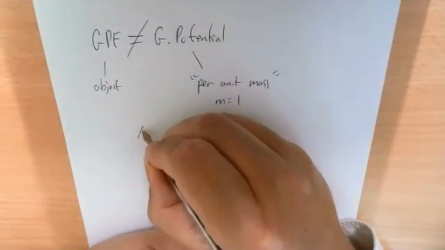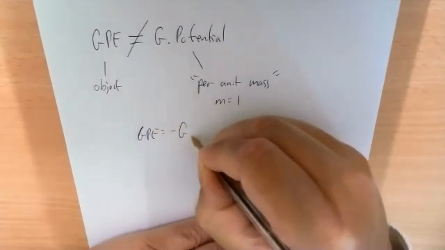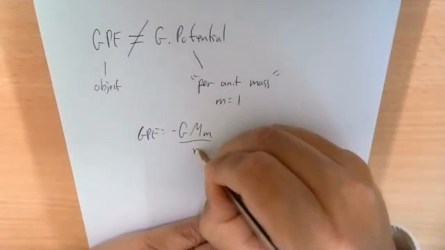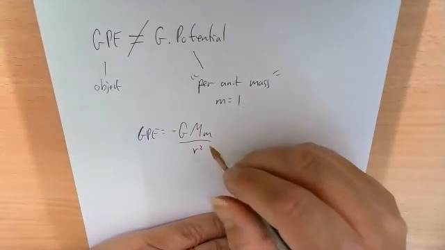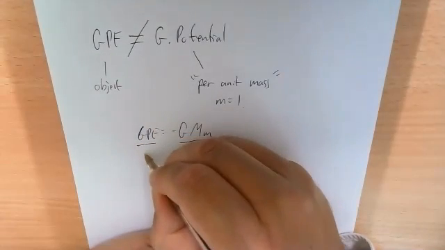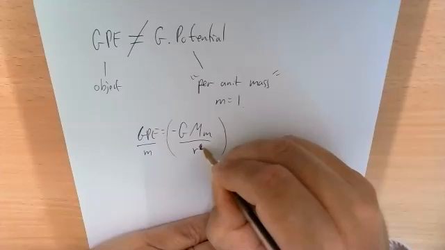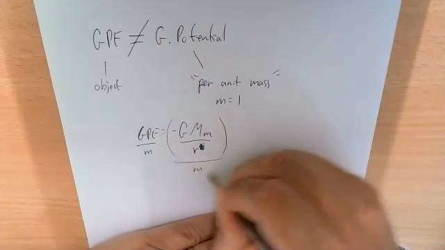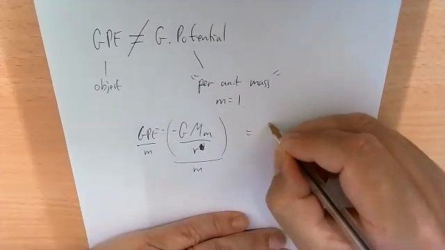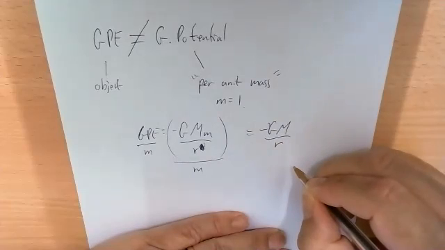So if we think about it, the gravitational potential energy, which is minus big G, big M, little m over R squared, oops, not R squared, it's R. Per unit mass, we end up with minus G, big M over R, okay?